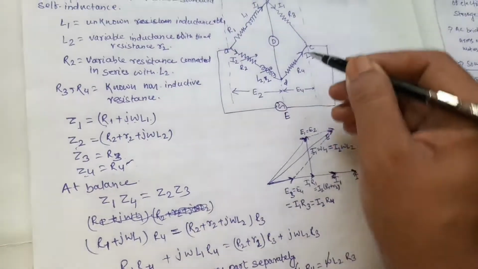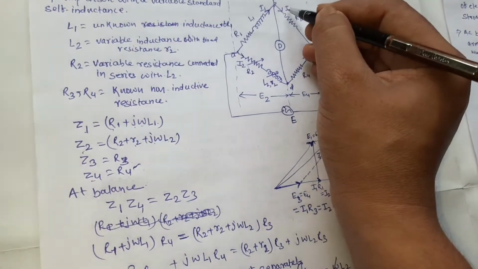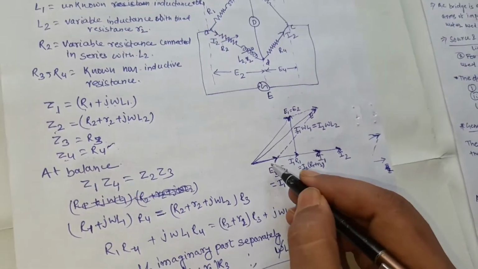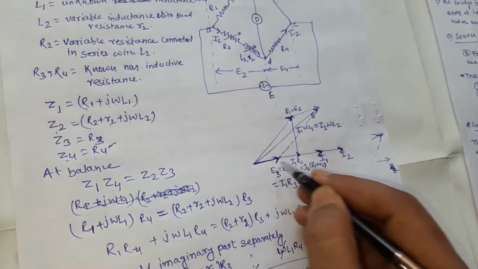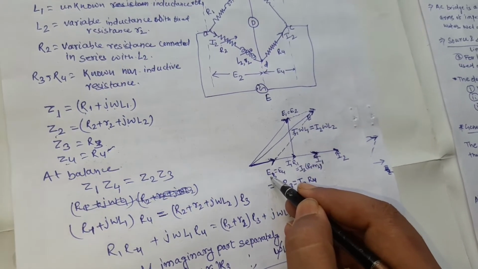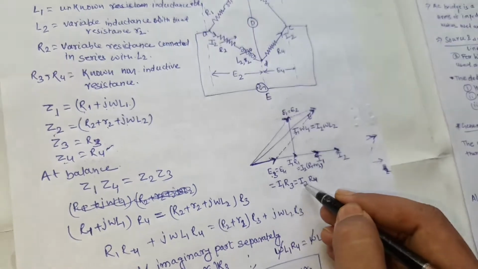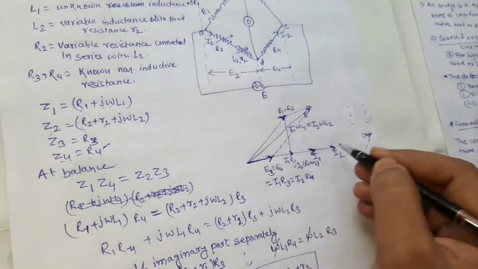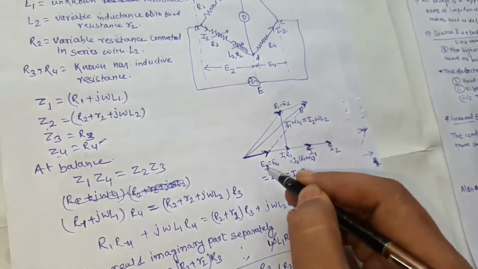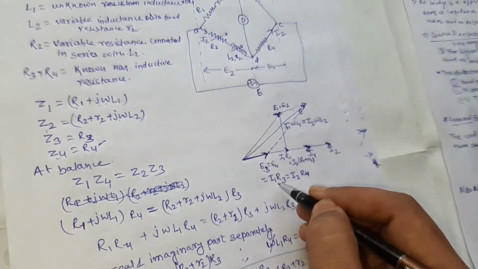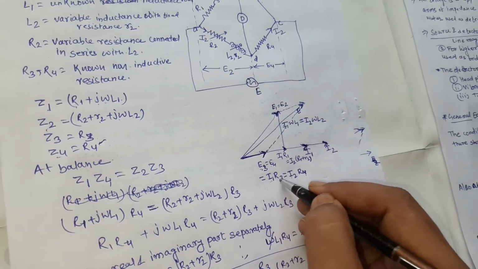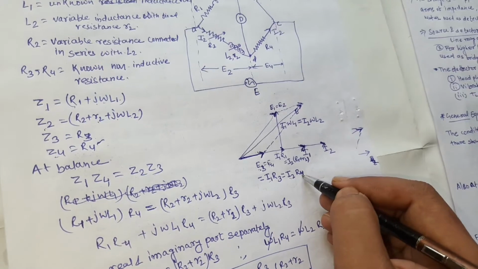Now E3 is equal to I1 into R3, so E3 is in the same phase with I1. E3 is equal to I1 into R3, and equal to E4, that means I2 into R4. That's why I1 and I2 are in the same phase, because E3 is equal to E4, E3 is equal to I1 into R3 and E4 is equal to I2 into R4.